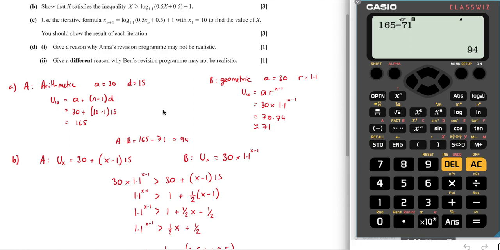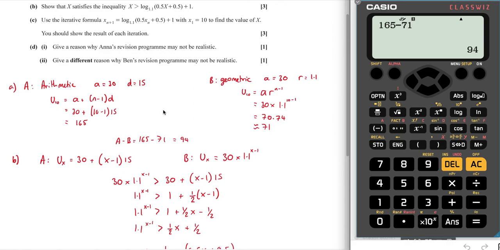So my iterative formula is x n plus 1 is log base 1.1 of 0.5 xn, sorry, plus 0.5, plus 1, and we are told x1.